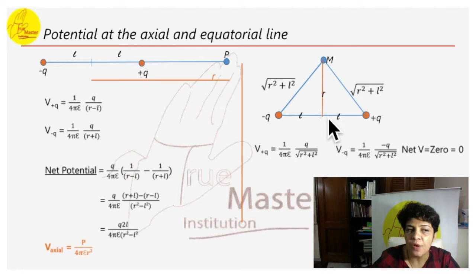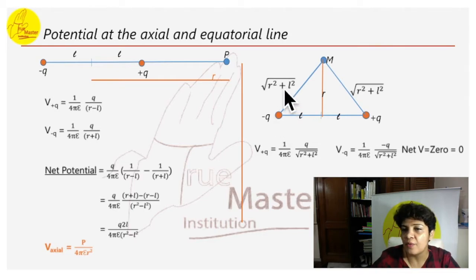The distance from the point where the test charge is kept all the way to the positive charge will be root R square plus L square by the Pythagoras theorem. Similarly, the distance from this point to the negative charge will also be root R square plus L square.